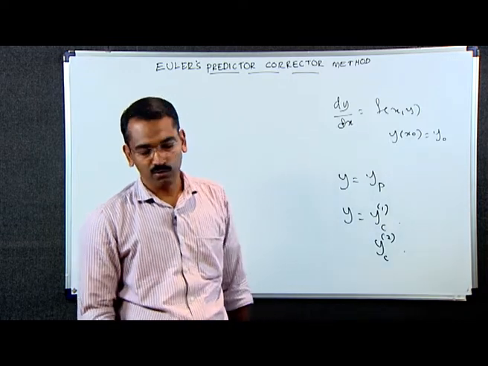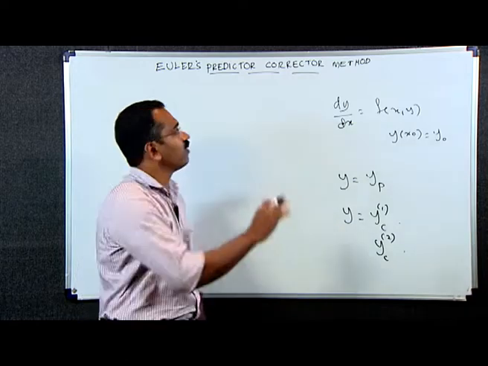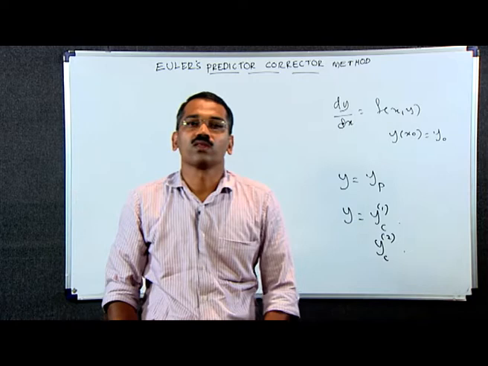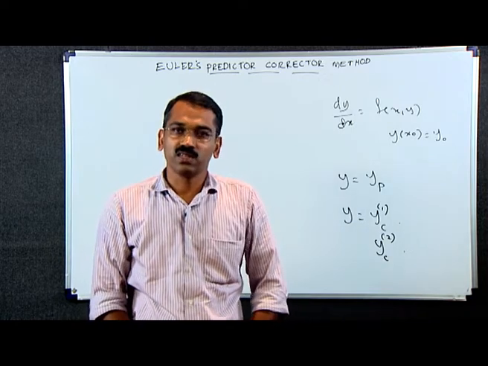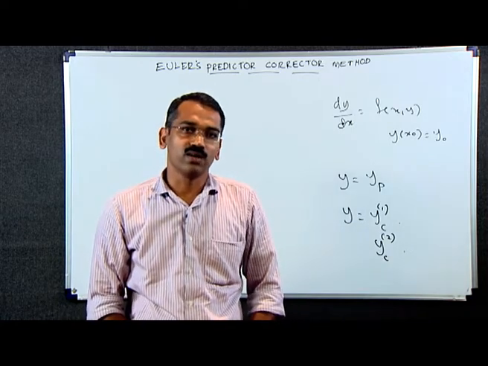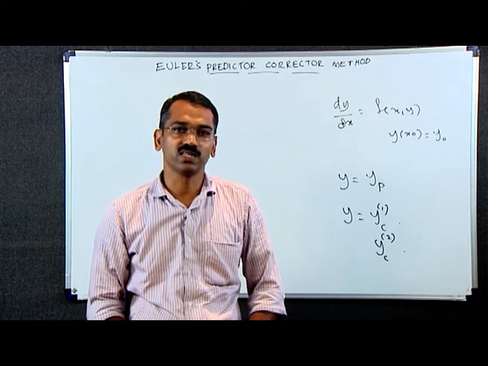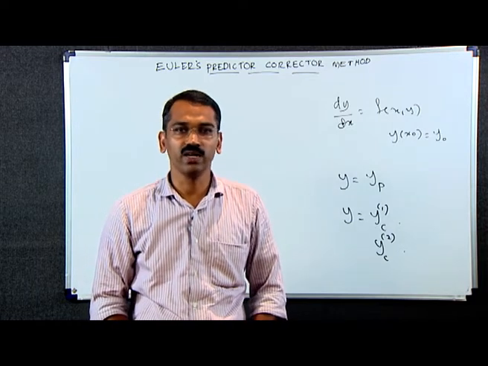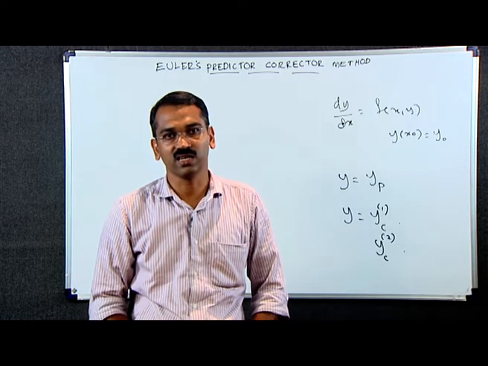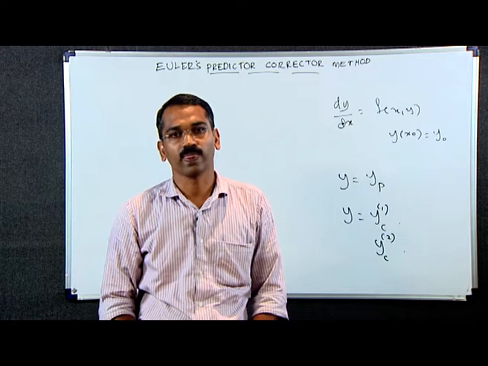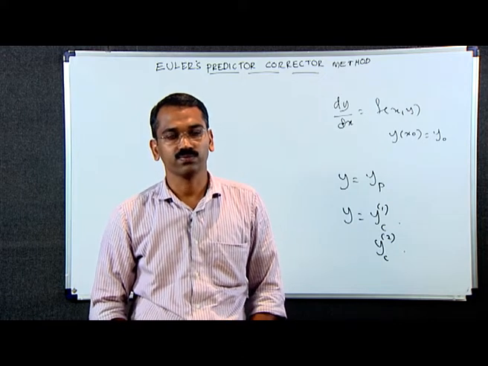First of all, we discuss Euler's predictor corrector formula. Euler's predictor corrector formula uses the simple Euler's formula as the predictor and the modified Euler's formula as the corrector, though the errors in these formulas are of different order.